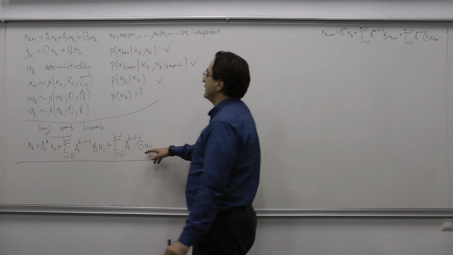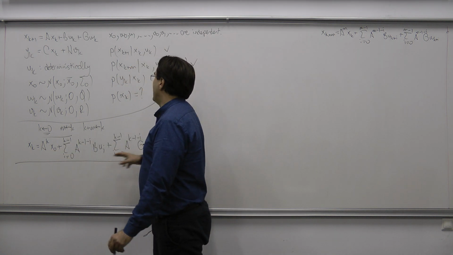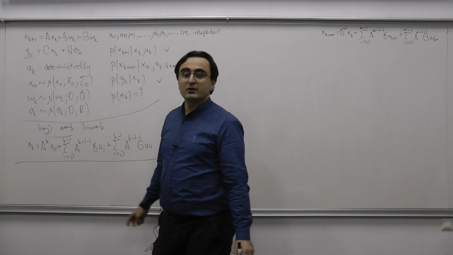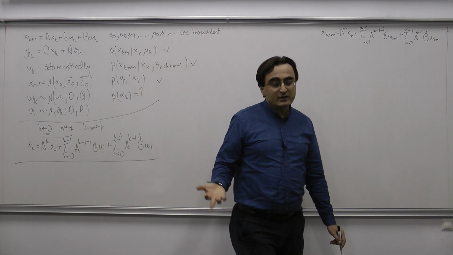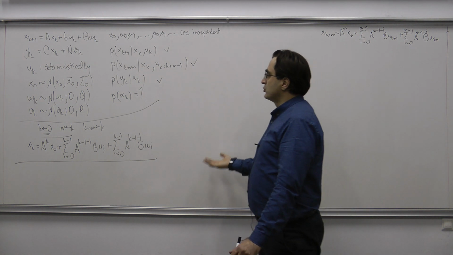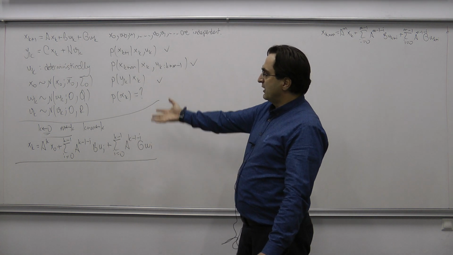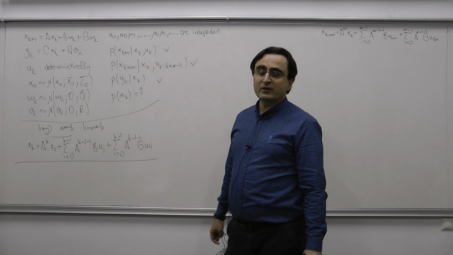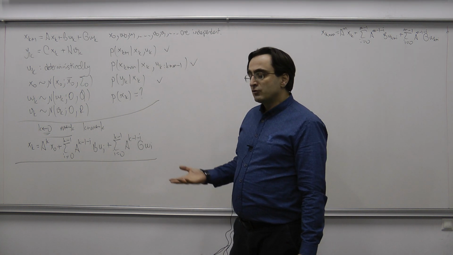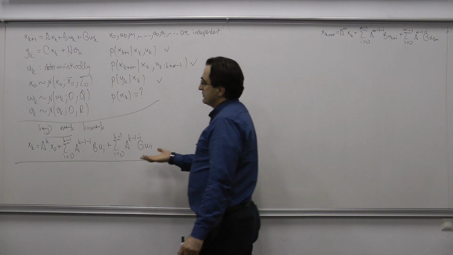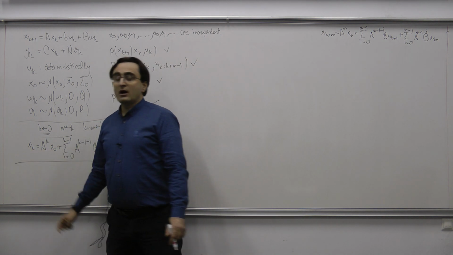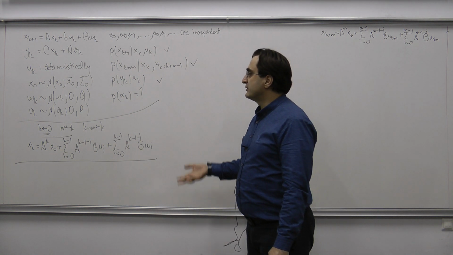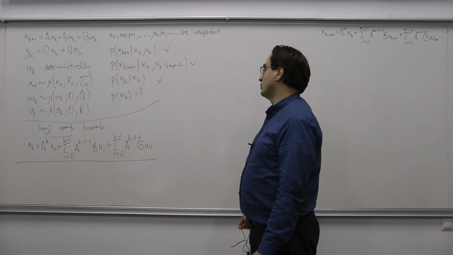And I have here a linear function of jointly Gaussian random variables plus some deterministic constant. That means that my result is going to be a linear or an affine function of jointly Gaussian random variables. That means that xk is going to be Gaussian. So what this means is that I can calculate xk's distribution by calculating its mean and its covariance.